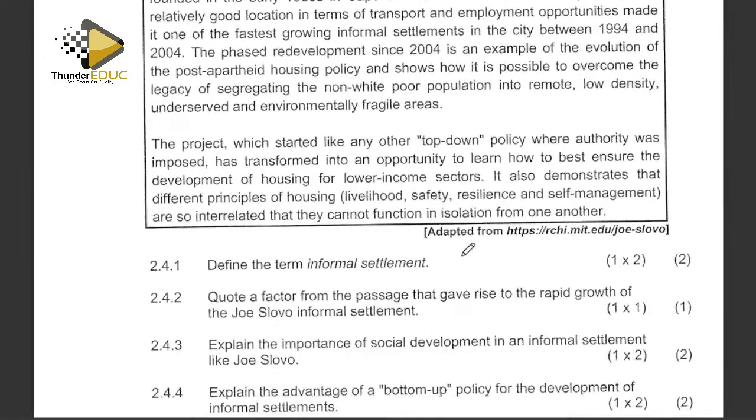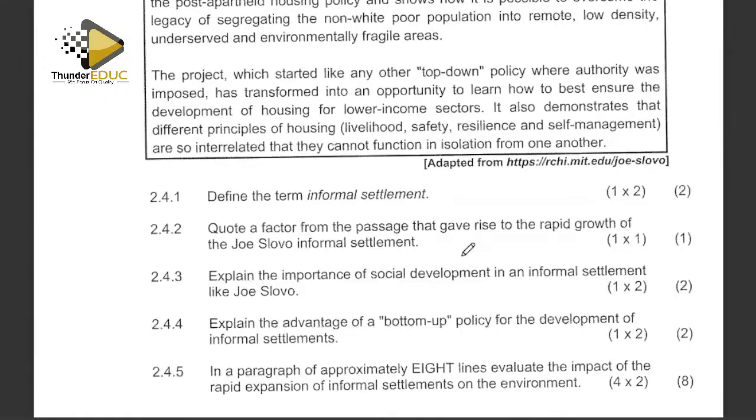And moving on to the next question, define the term informal settlement. When you're looking at informal in terms of a settlement, we are looking at that kind of settlement which is illegal and which is unplanned. And what is it made up of?